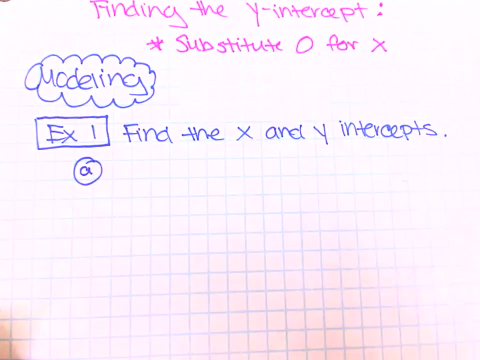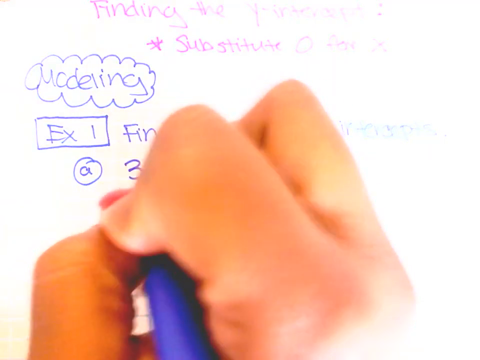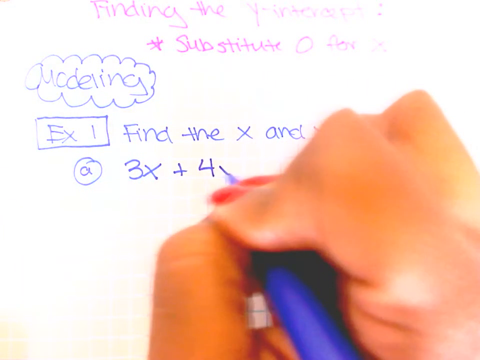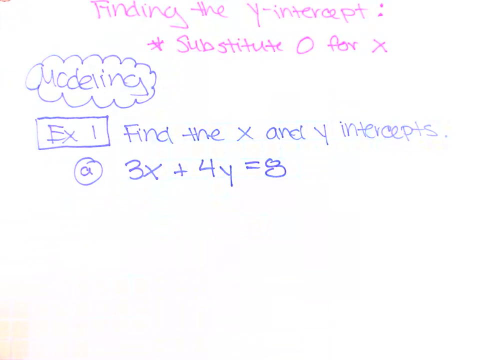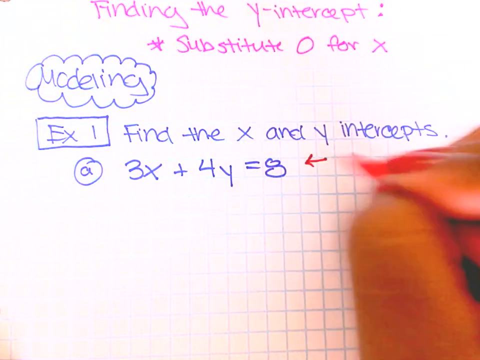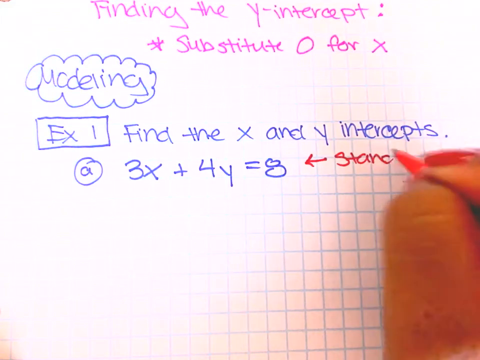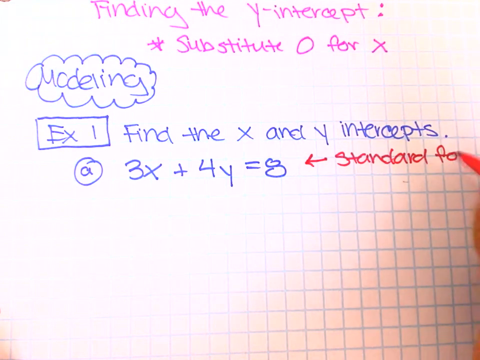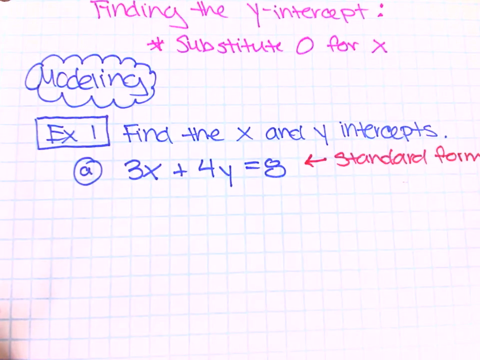All right, so let's look at problem A. They give us 3x plus 4y equals 8. And I'm going to put a little note for you guys on the side. That's standard form. This problem's already in standard form.